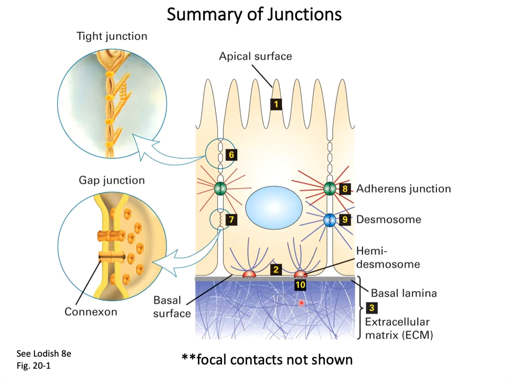And not shown on the slide are the focal contacts, which would be actin-based cell-matrix interactions. And finally, in number 7, you usually see, below the adherens junctions, the gap junctions, and these are the communicating junctions. So let's take a look at these different types of junctions and the role they play in the cell.